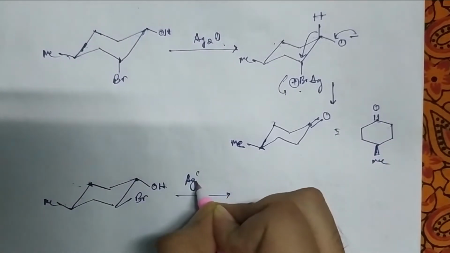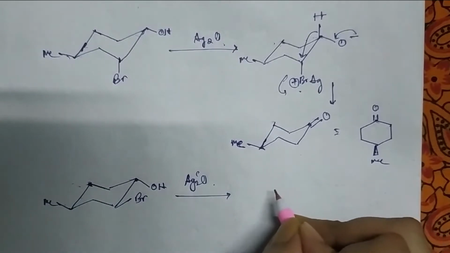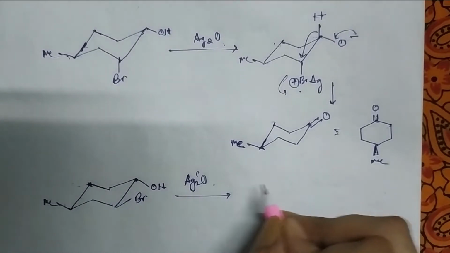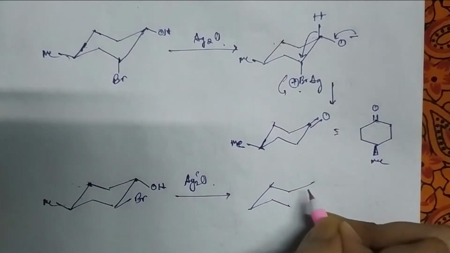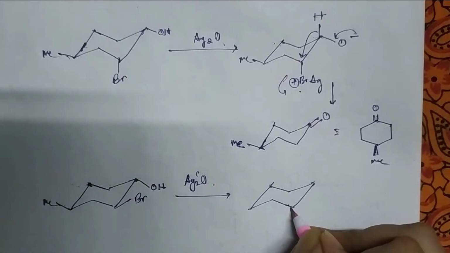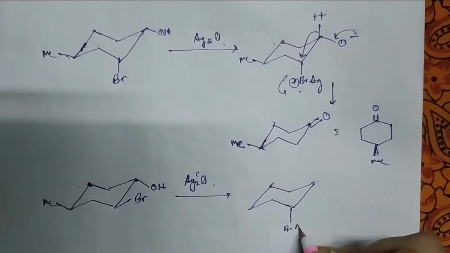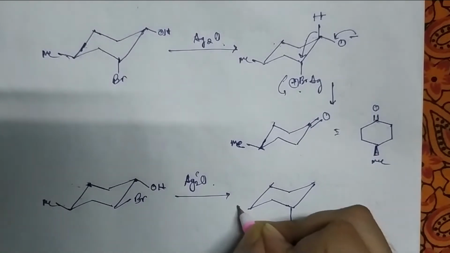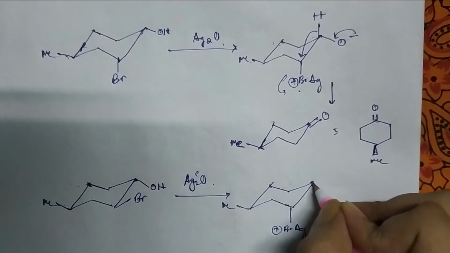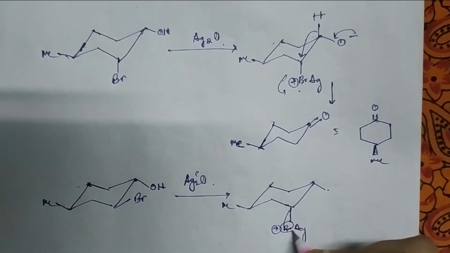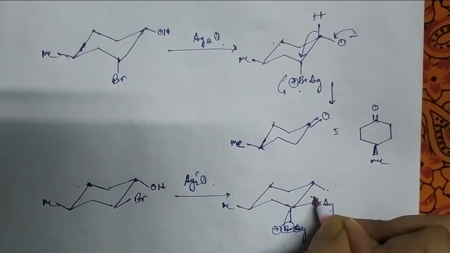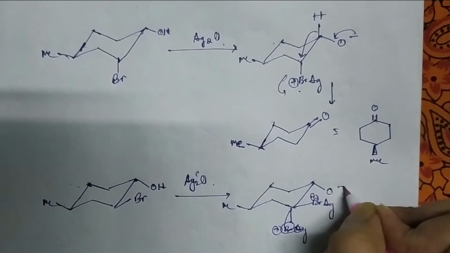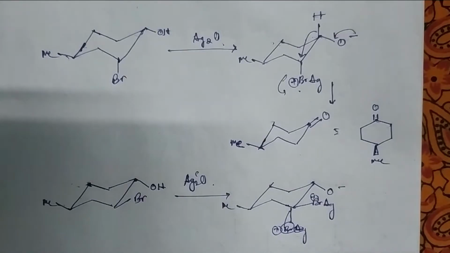There is silver oxide, so first it converts Br into a leaving group and deprotonates the alcohol. Now we have to find out the perfect orientation for the reaction.